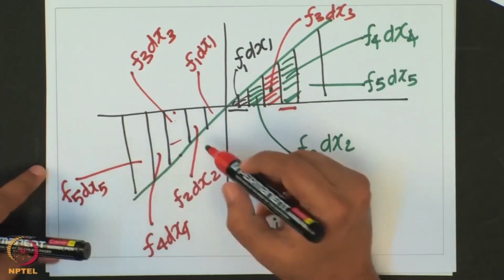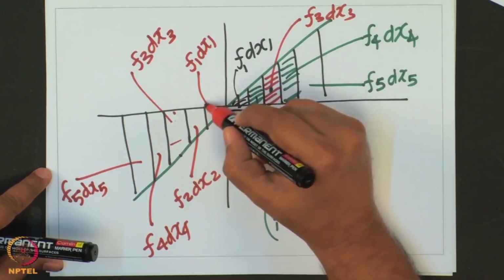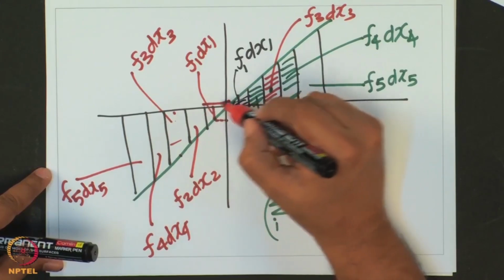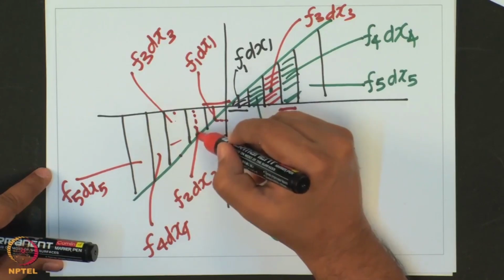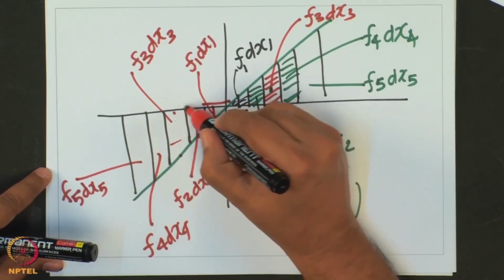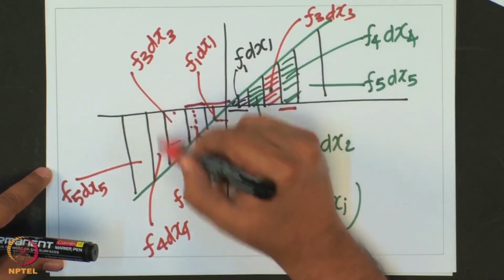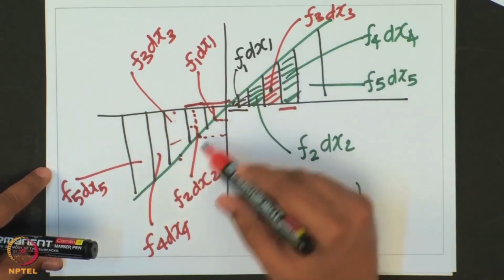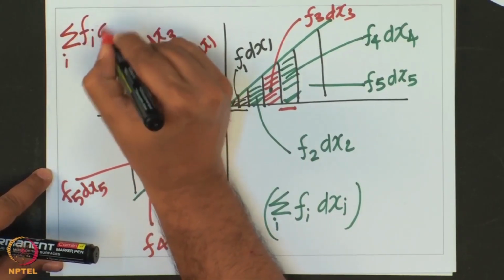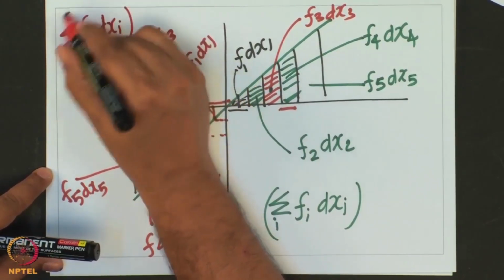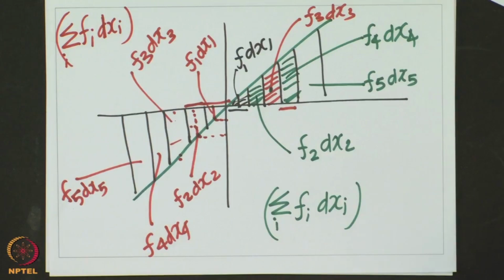If I divide this into small areas and again do the sum over i of fi dxi, I would get an area which is negative, and this total area would cancel out and one would get 0.